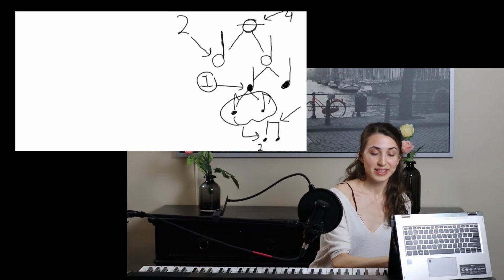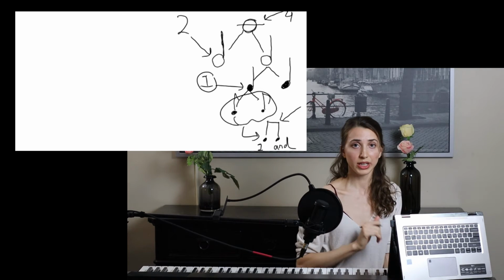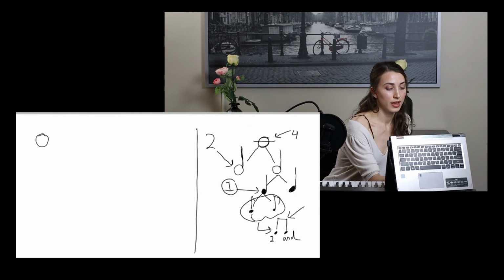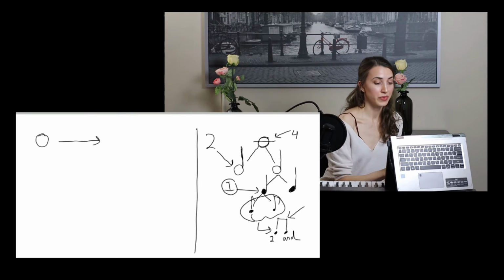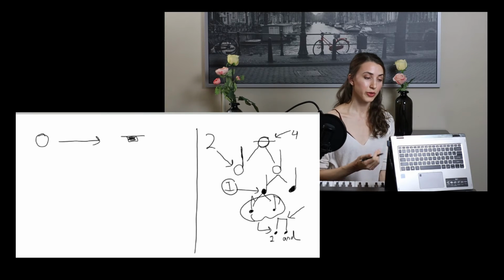Now let's go to the rests. As I mentioned before, every note has an equivalent rest. So the whole note has a whole rest. And it looks like that. Like a hat, but it's upside down. Or like a tooth.